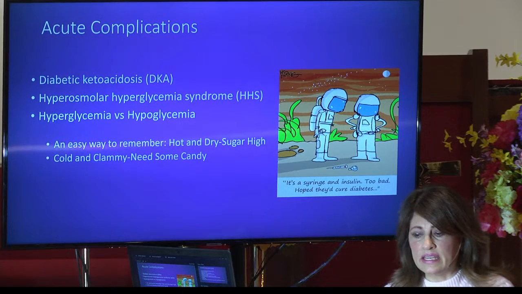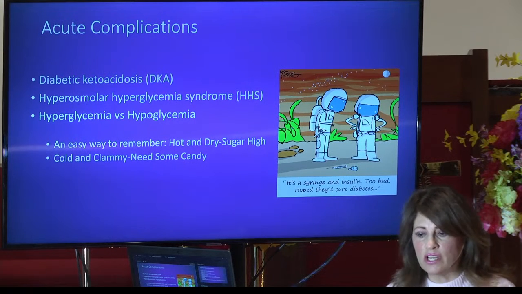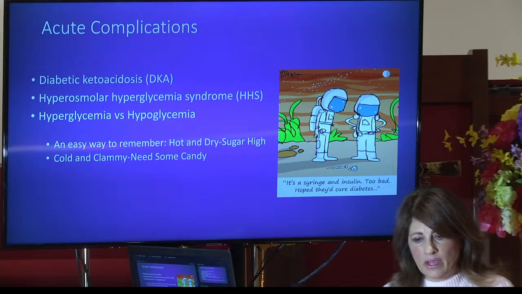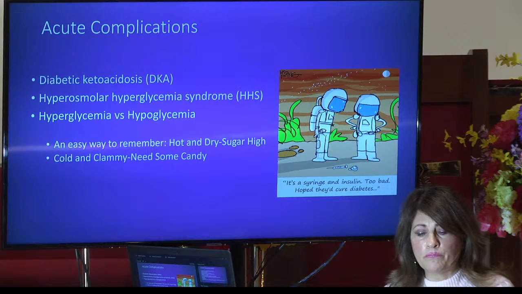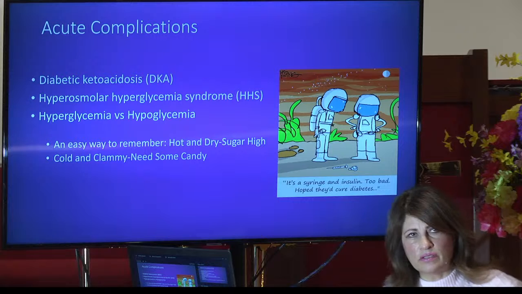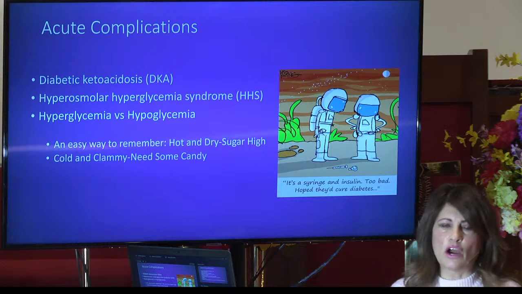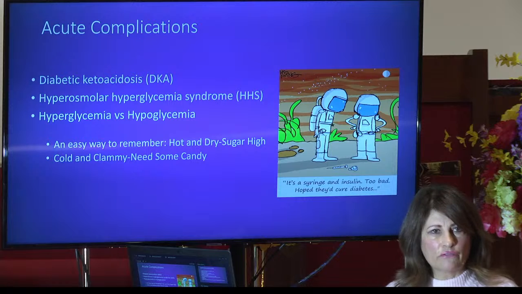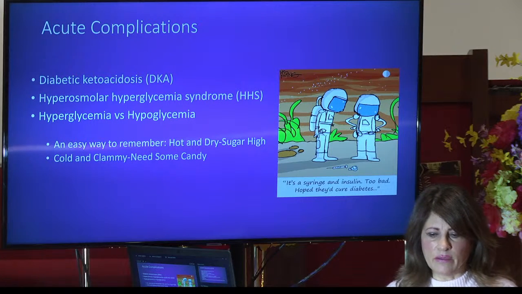We call this DKA, or HHS syndrome, hyperglycemia, and hypoglycemia. The hyper, as I tell my students, is it's too high. Hypo, it's too low. These are acute complications from having the disease of diabetes.